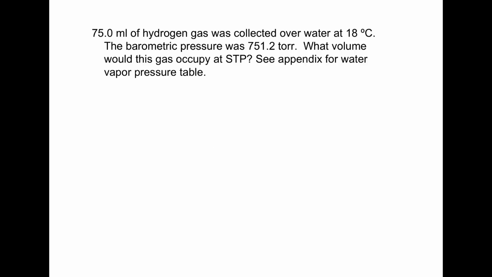This problem says that we have a volume of hydrogen gas. It was collected over water. Anytime it says that, or says that the gas is a wet gas, you know you're going to have to subtract out the pressure of water if you want to find just the pressure of your gas.